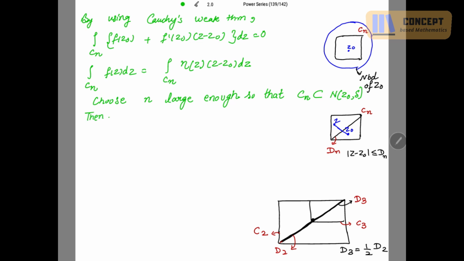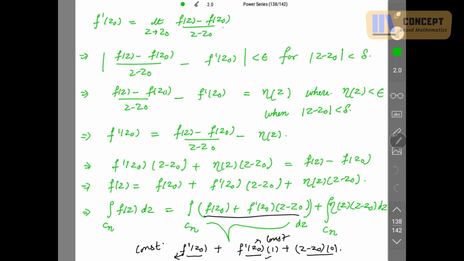So then, taking the mod of the integral over Cn of f z dz, this mod is equal to, taking mod on both sides, the integral of eta of z times z minus z0 dz. Now eta z is less than epsilon.